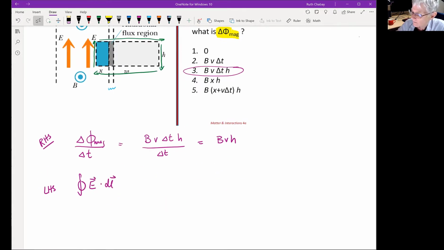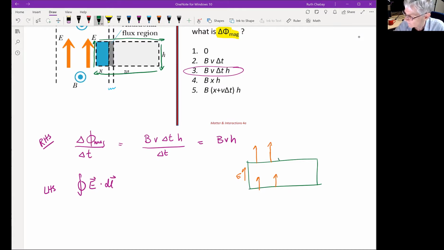And so here's our path. Now we're worried about E. In this region, E looks like this, and over here it is 0. And our dl, of course, goes this way.